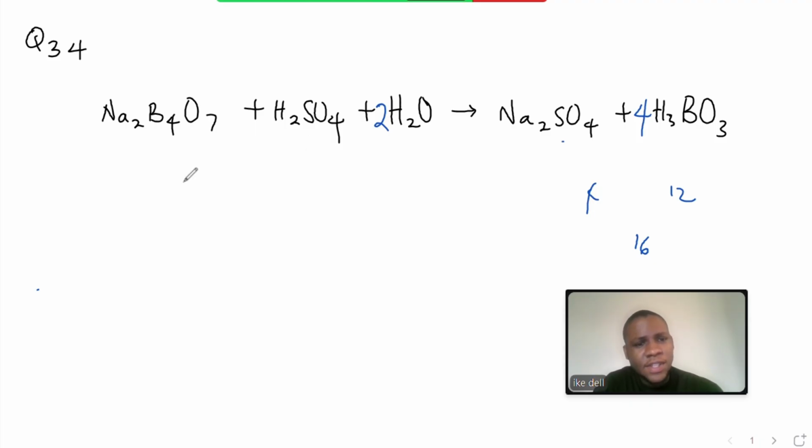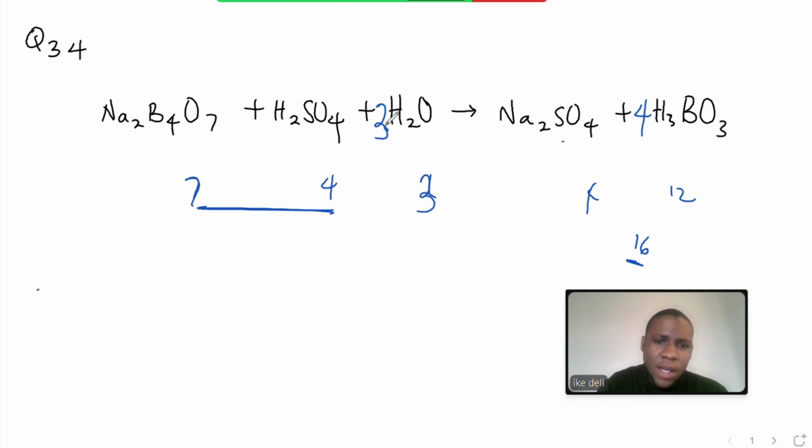First off, we already have 7 here, we have 4 here, and then we have 1. So in total, it is about 12. I'm trying to get it to 16. If I place a 2 here, this becomes 2, so now it's 13. If I place a 3 here, this becomes 3, so now it's 14.